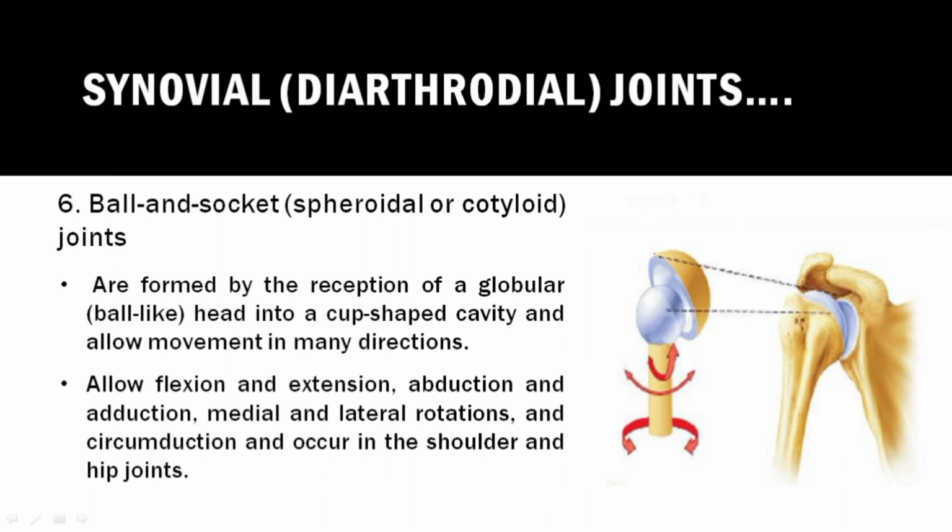They allow flexion, extension, abduction and adduction, medial rotation, lateral rotation, and also circumduction, and they occur at the shoulder joint and hip joints. So we have a long bone with a ball-like head inserting itself into a cup-shaped cavity to form a ball and socket joint.